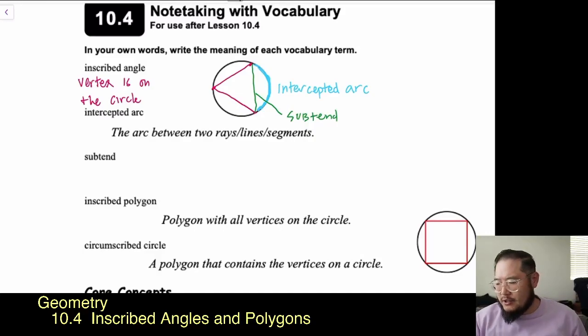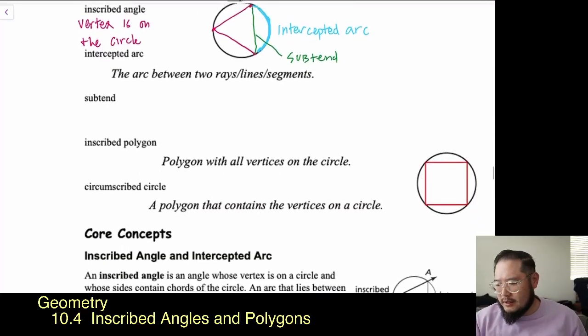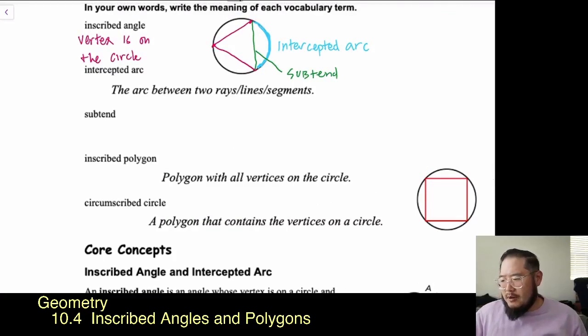We have inscribed polygon. An inscribed polygon is a polygon with all vertices on the circle. If you look at the diagram right here, I've got a circle and I've got this square that's inside of it. One of the things that I use to help me remember the term inscribed is inside.